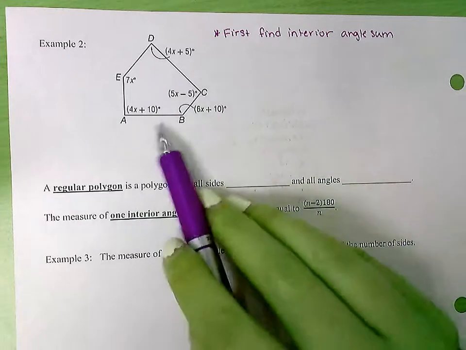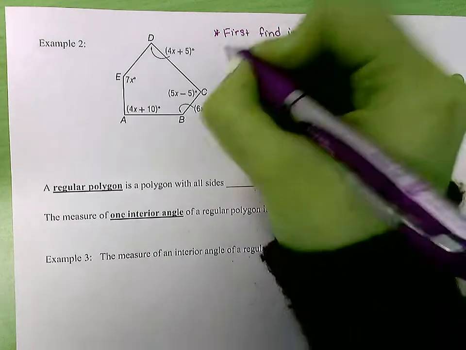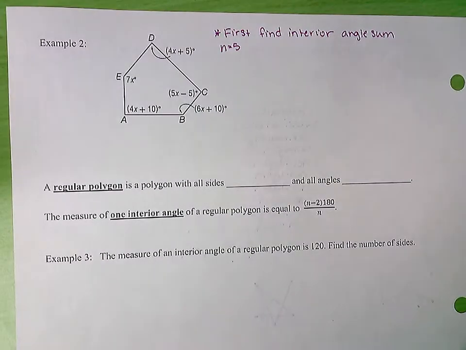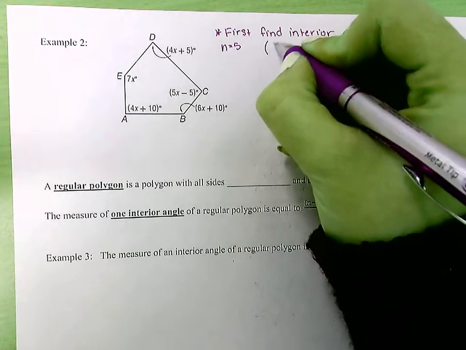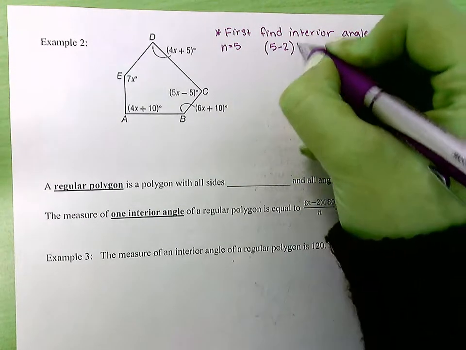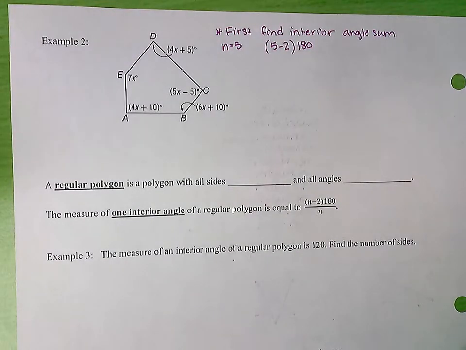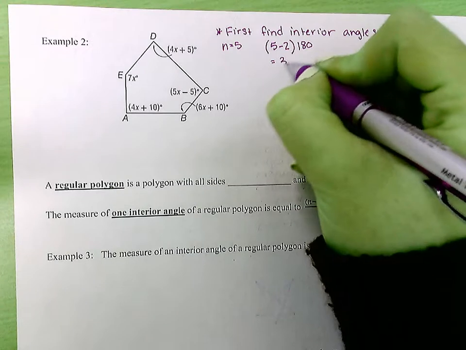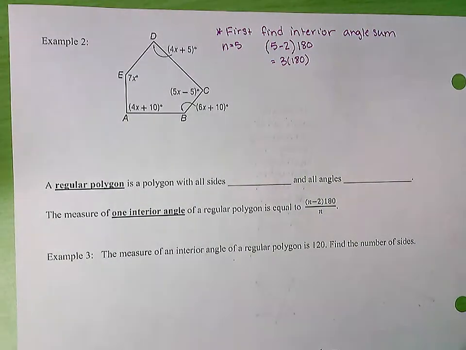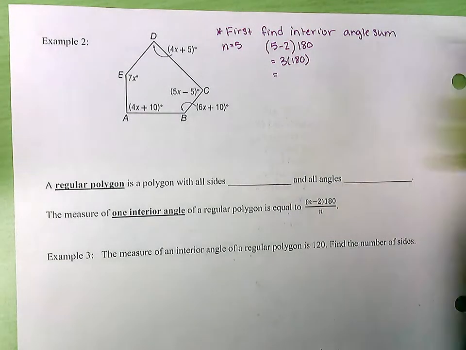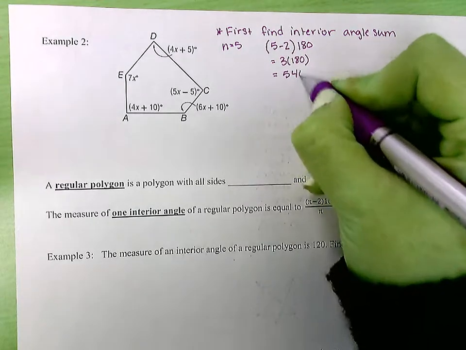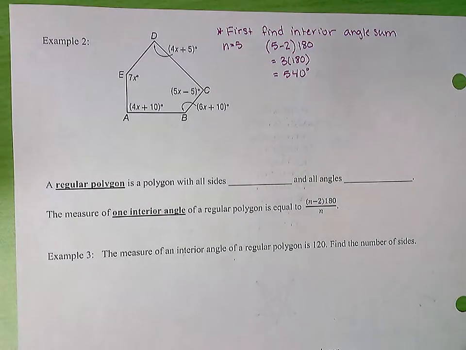I have 1, 2, 3, 4, 5 sides. So n will be equal to 5. To find that sum, I'm going to take 5 minus 2 times 180. So I have 3 times 180, and that is equal to 540 degrees. So if I were to add every single angle together within that polygon, it would be 540.